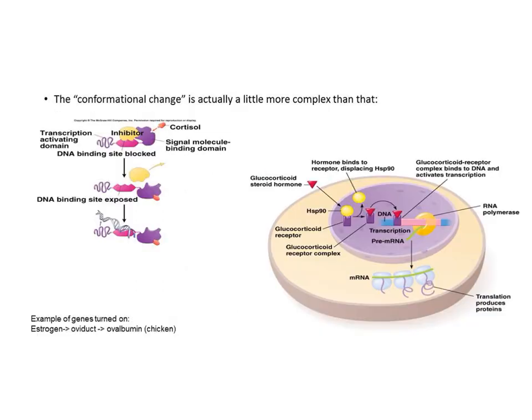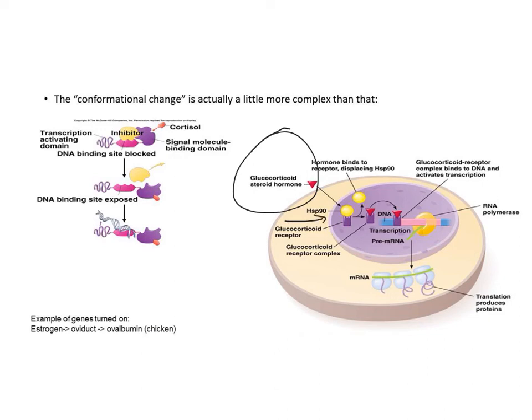Another example describing this exact scenario is the glucocorticoid hormone. Ultimately, these transcription factors that bind internally as intracellular receptors are normally inhibited, which you can see in this diagram. It's inhibited by HSP90.